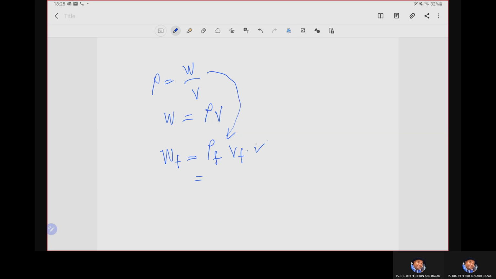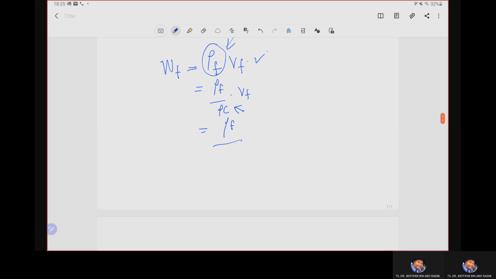Next, divide rho F by rho C for the fiber density fraction here: rho F over rho C times VF. The rho C at the denominator is actually equal to rho M VM plus rho F VF, times VF here.